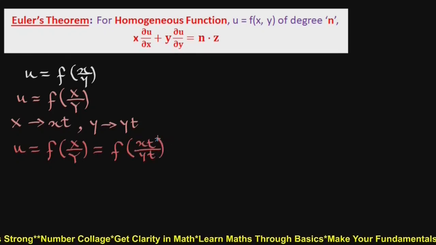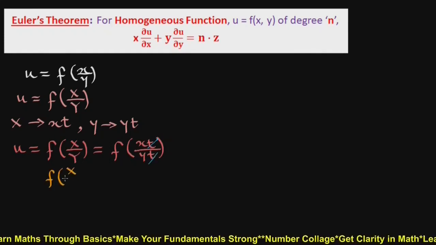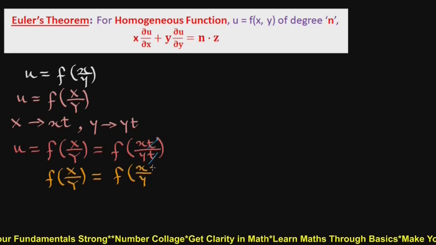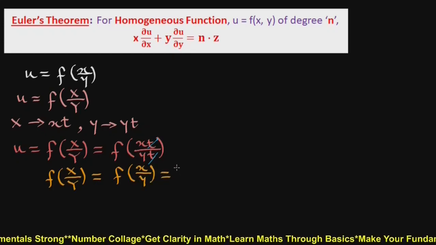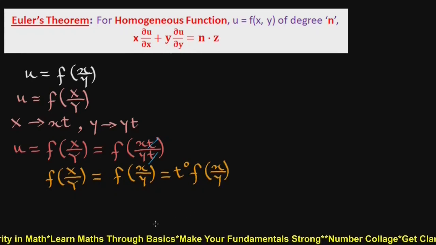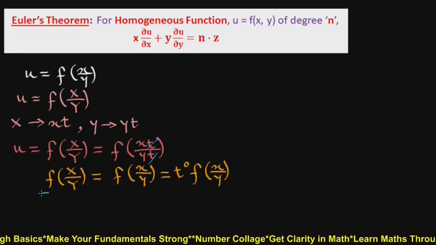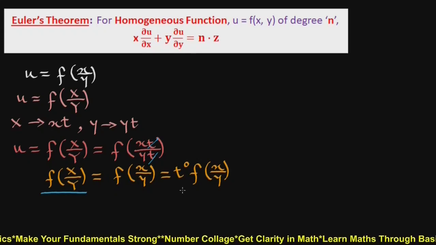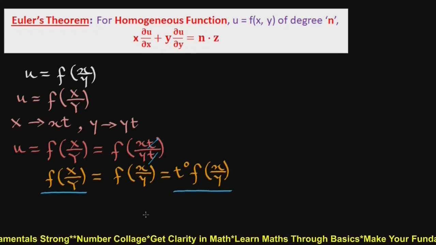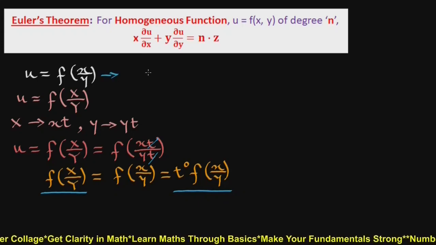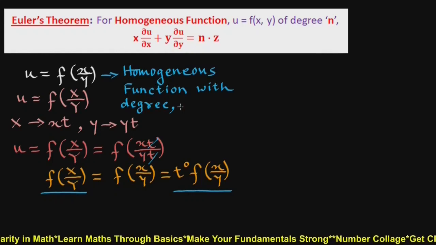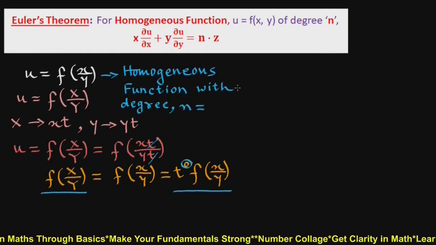After cancelling this t, f(X/Y) will be f of x upon y, which we can write as t raised to 0 f of x upon y. Since f(X/Y) equals t raised to 0 f(x/y), this function is homogeneous with degree n equals 0.